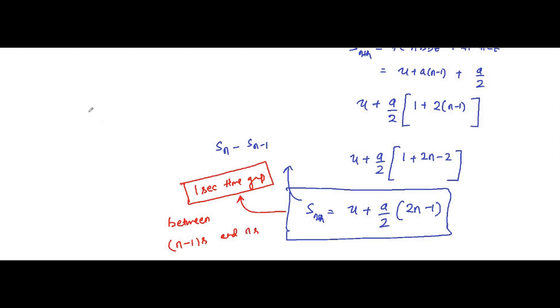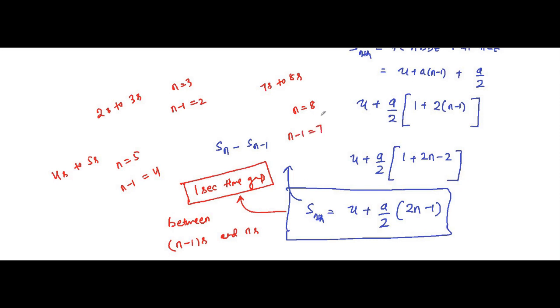Like the displacement between 2 seconds and 3 seconds, here n is equal to 3, n minus 1 equals 2. Like 4 seconds to 5 seconds, here n is equal to 5, n minus 1 is equal to 4. Like 7 seconds to 8 seconds, here n is equal to 8, n minus 1 is equal to 7.